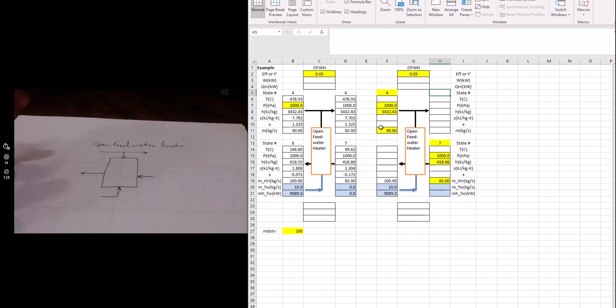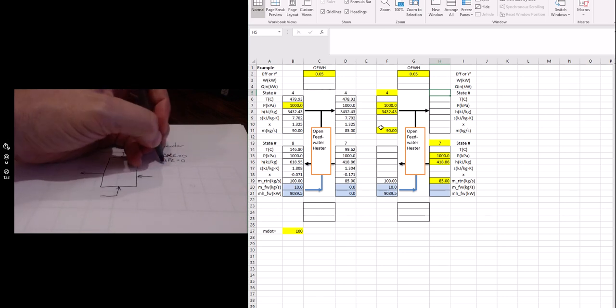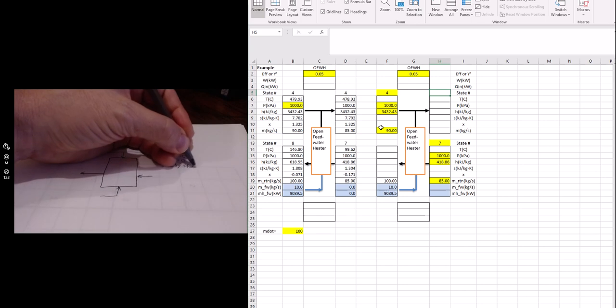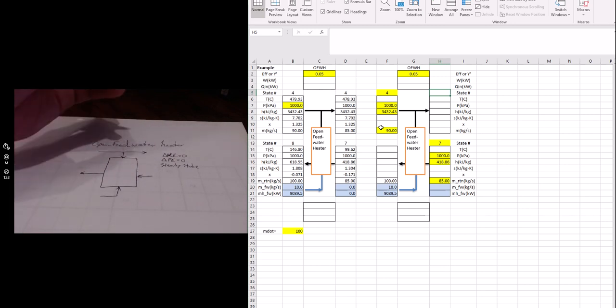Now we're making some assumptions. Change in kinetic energy is equal to 0. Change in potential energy equal to 0. Steady state. That should take care of everything.